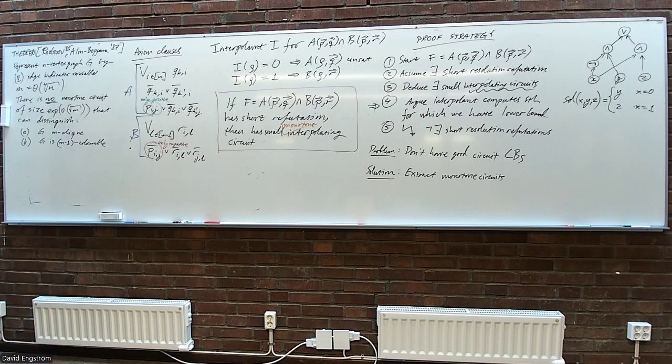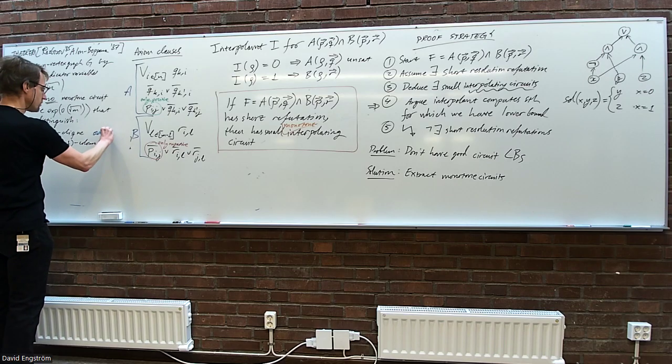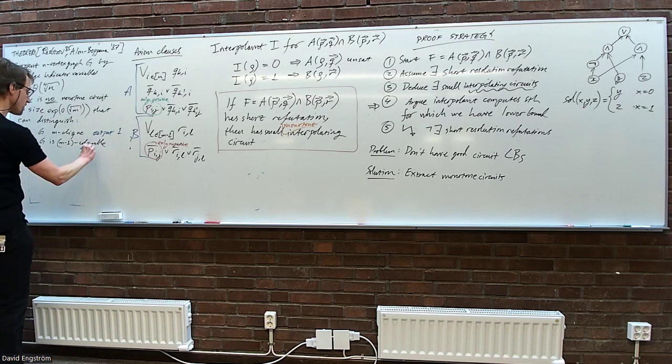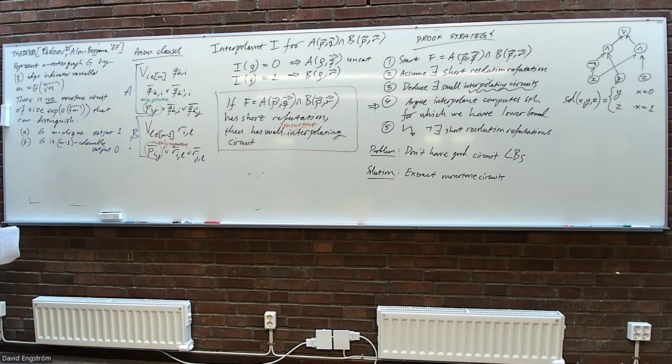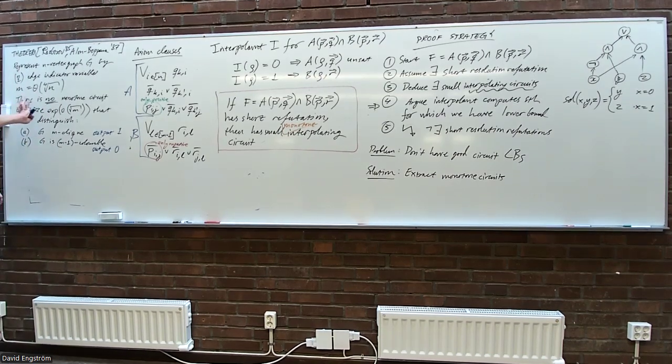Okay. So here I basically say, if there is a clique, then I want output 1. If it is M-1 colorable, then I want output 0. And the point is, I'm using the promise, right?